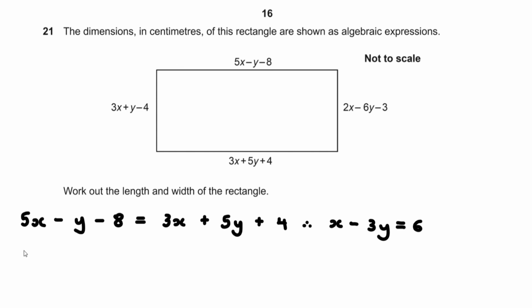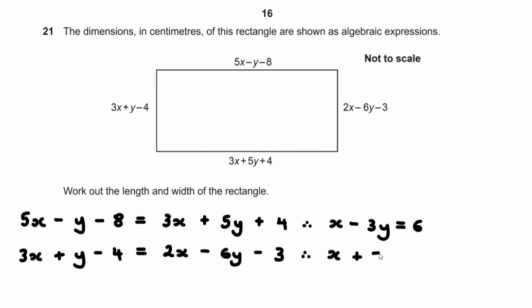And then I've got the 3x plus the y subtract 4 equals 2x subtract 6y subtract 3. And if I simplify this, I have x plus 7y equals 1.